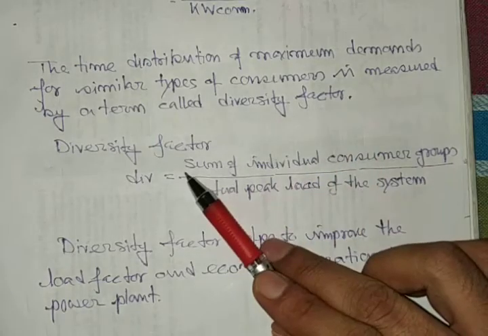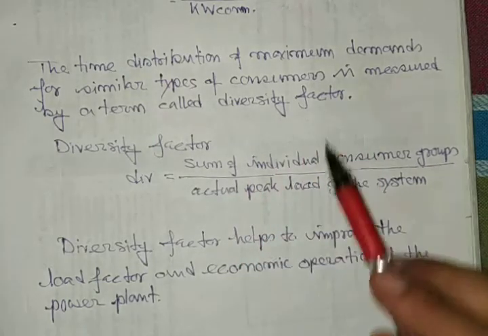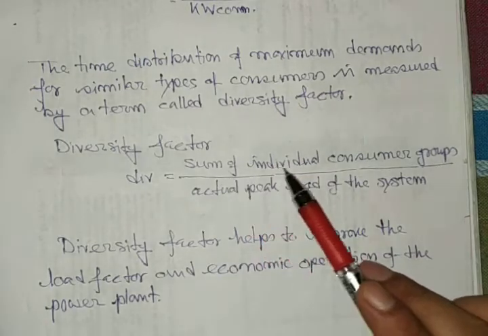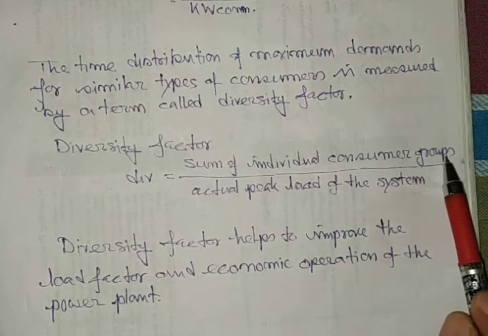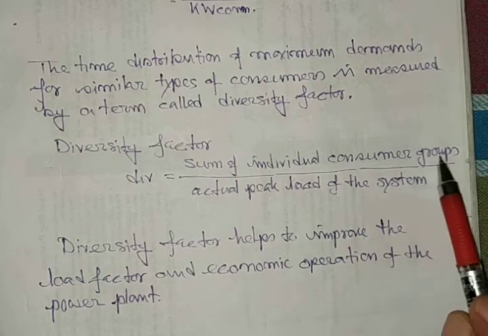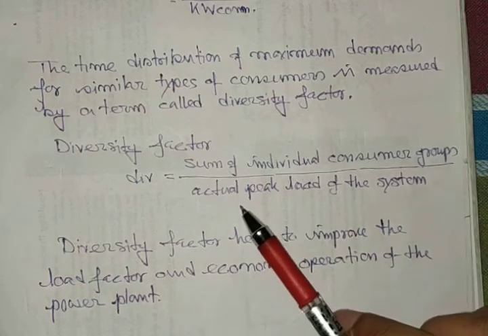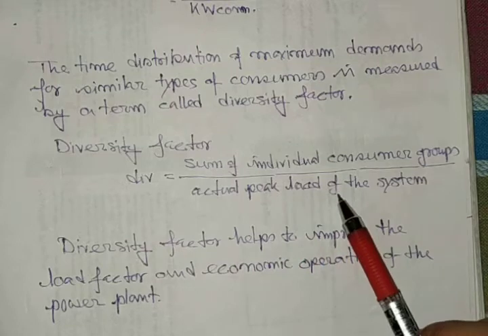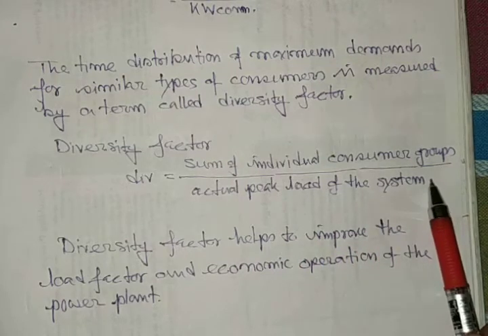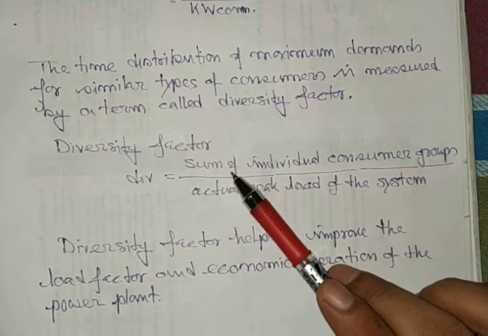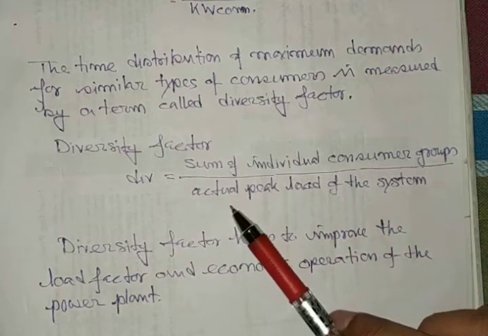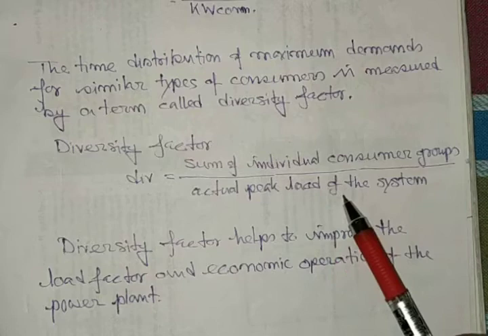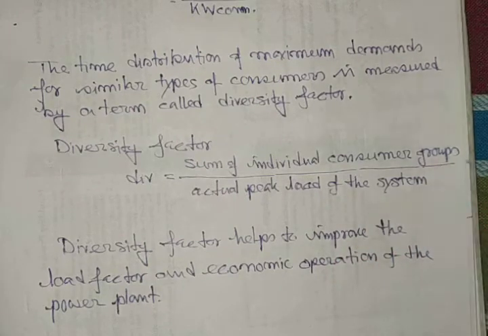So diversity factor is the ratio of the sum of individual consumer group maximum demands divided by the actual peak load of the system at that particular area.